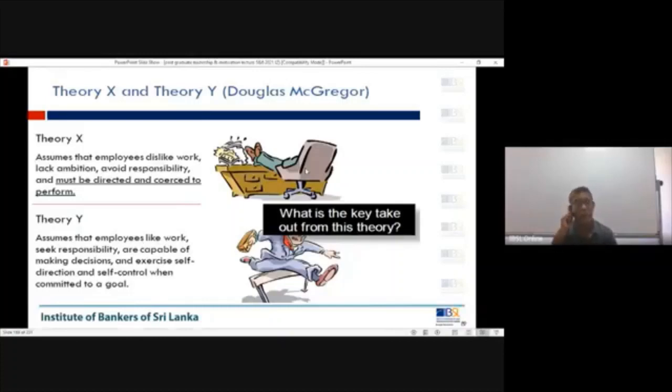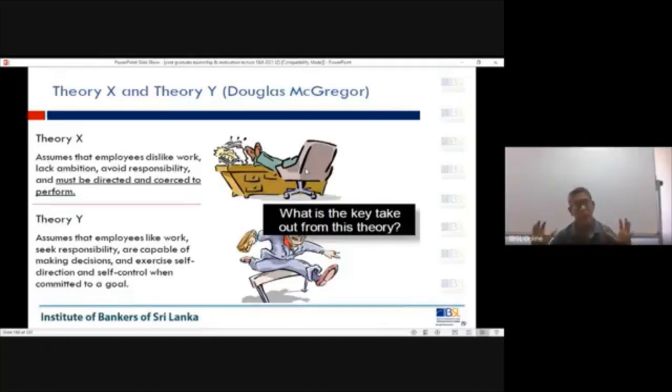Then there is another set of employees who like to work hard. They like to take responsibility, and they are very capable of making decisions. We don't have to go behind them to tell them to do things like this. They behave on their own, so direct supervision is not necessary, because they are self-directed and self-controlled for a committed goal.